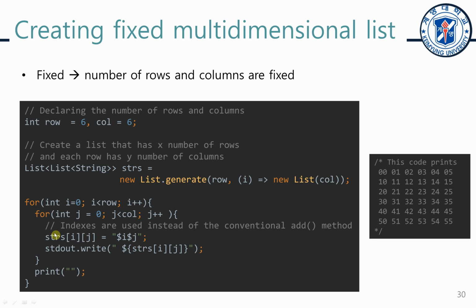At each index, that means at each row and column, for instance, this is for row 1. So we add as an element just those strings. So it will just have 0,0, 0,1, 0,2, 0,3, 0,4, 0,5. This is the first row. And then we increment the row.